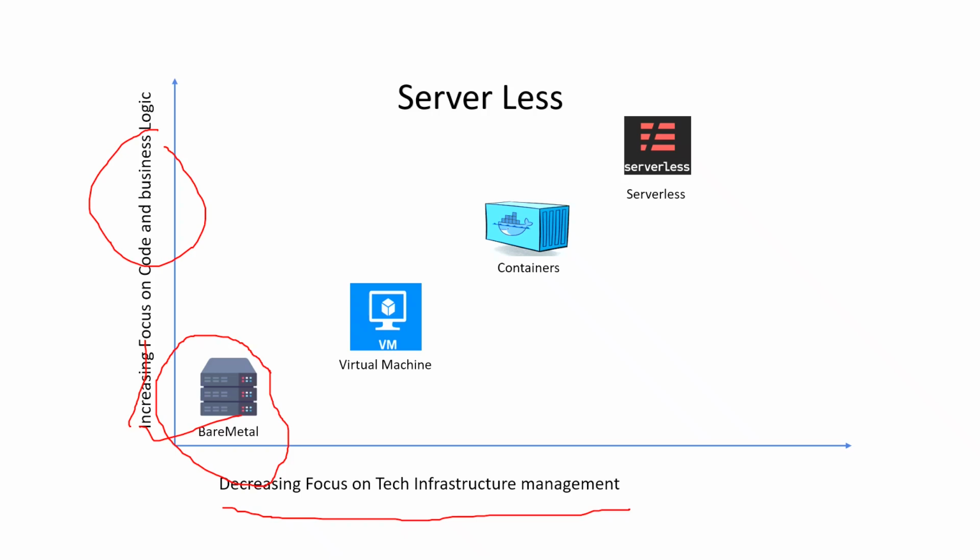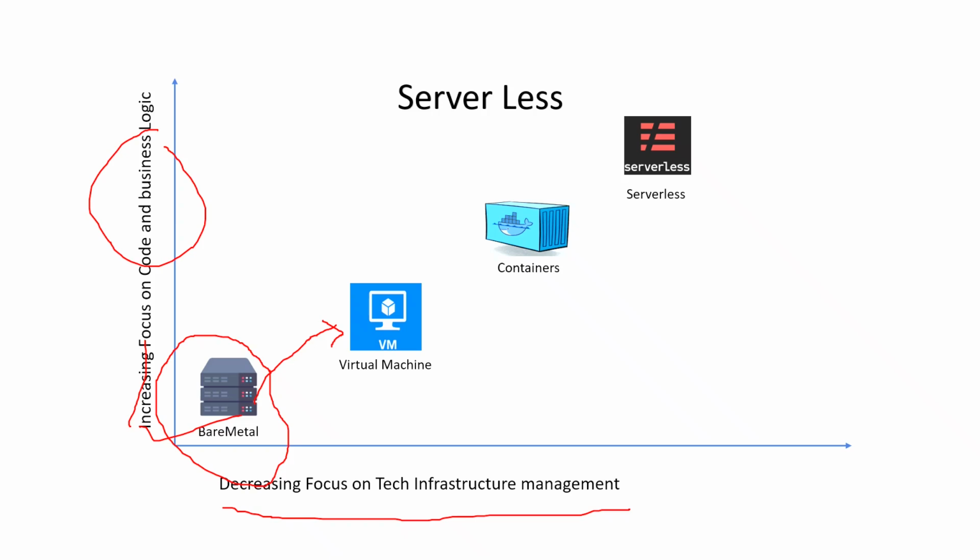So from bare metal, we moved to virtual machines, right? Virtual machines are a concept where on a bare metal you can run multiple servers, or VMs. That gives you optimized resources, and you are able to manage the idle time of the machine more effectively.